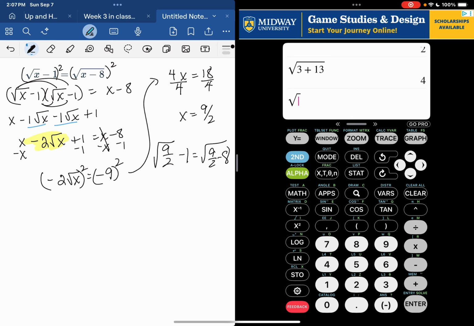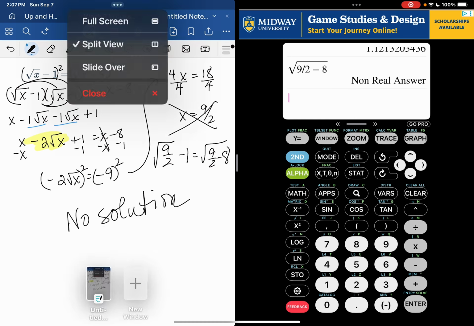So the square root of 9/2 minus 1 is the square root of 9/2 minus 8. It does not work. It created what's called an extraneous solution, so you would say no solution. Okay.